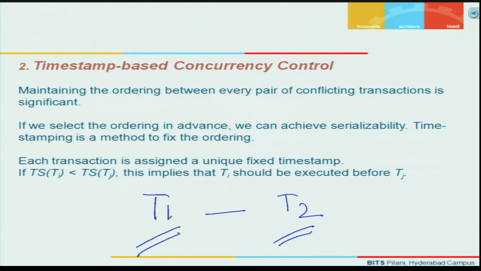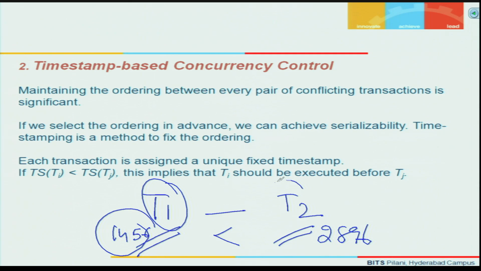If the timestamp of a given transaction T1 is, say, 5, 6 something like this, and the timestamp of T2 is 2896, which is greater than the timestamp of T1, then I can say that T1 is the transaction which has been started first by the system. Hence, in the order T1 comes first and then T2 comes next.